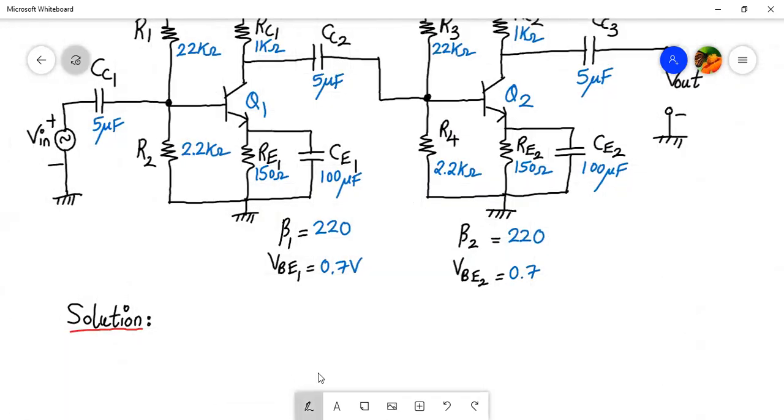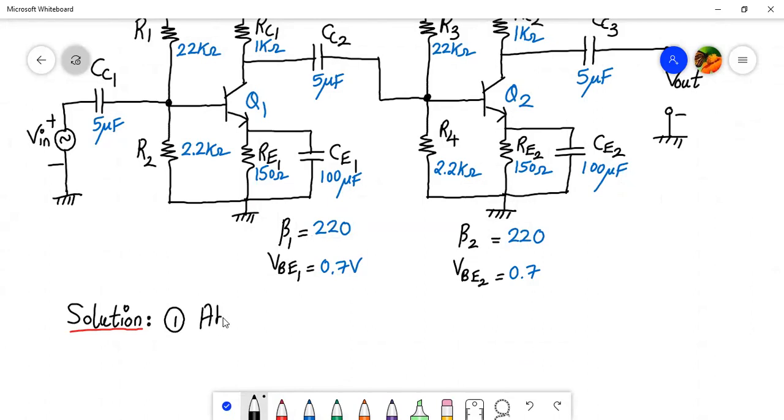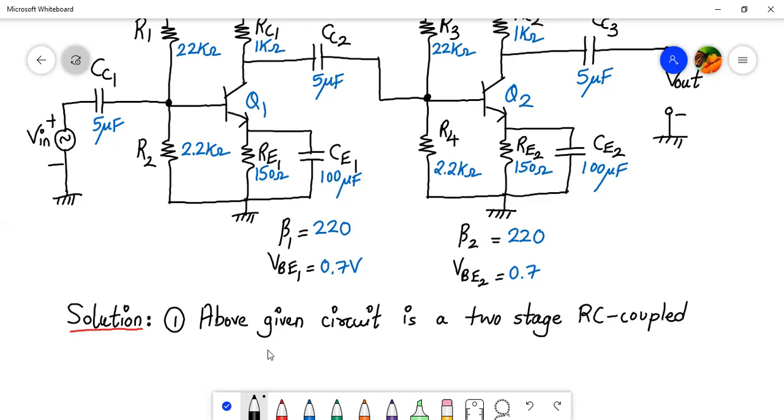Whenever you solve this numerical, the first step is to identify which circuit it is. So we can write: the above given circuit is a two-stage RC coupled common emitter amplifier, cascade amplifier we can write.